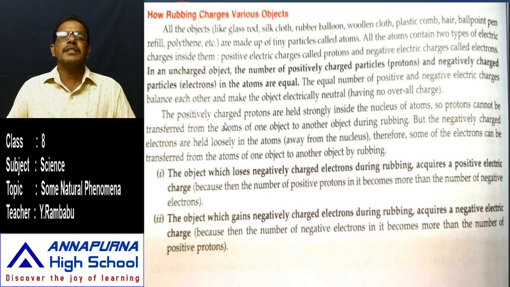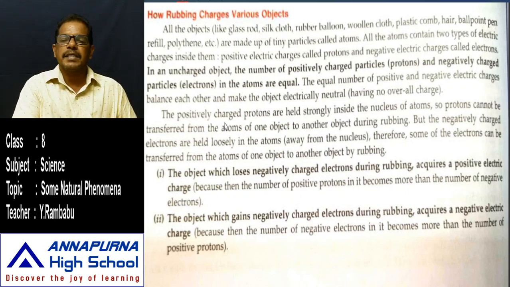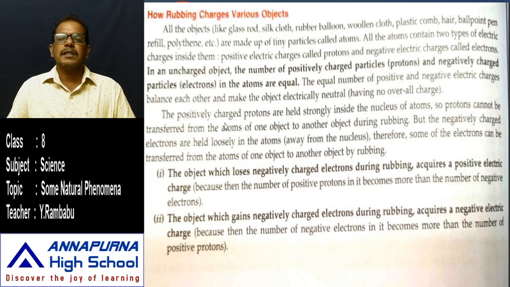Net overall charge is 0. Why is it 0? The number of electrons, negatively charged particles, and protons are the same in number. In mathematics you have learned, if the negative number is equal to the positive number, then its net charge is 0.